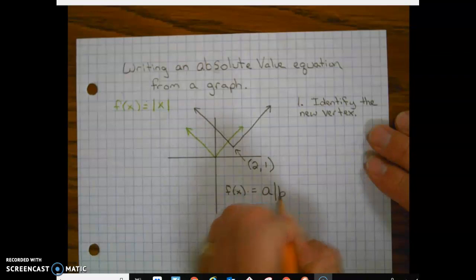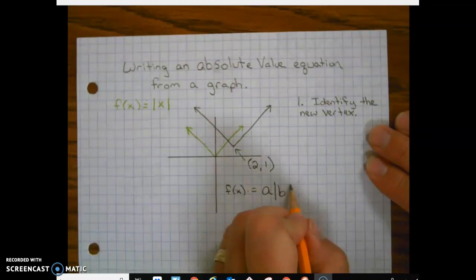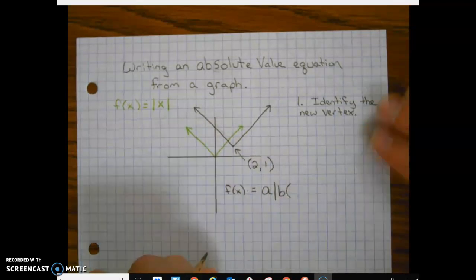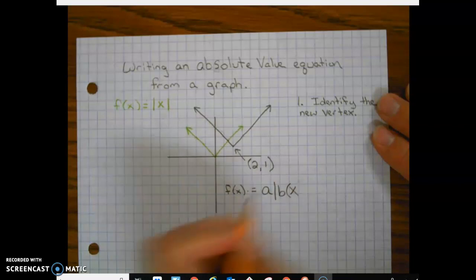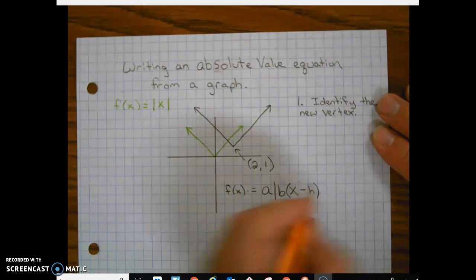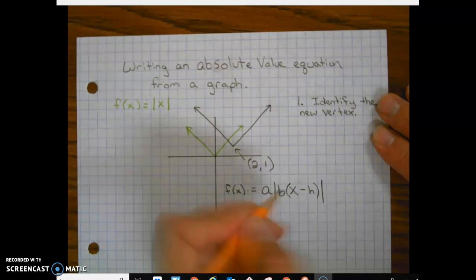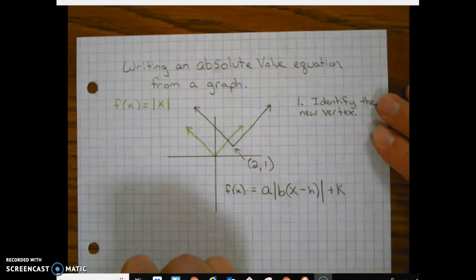Your b value, which is your horizontal stretch or compression. Then you have your grouping, which has your x minus h. H is your horizontal translation. And then your k value, which is your vertical translation.